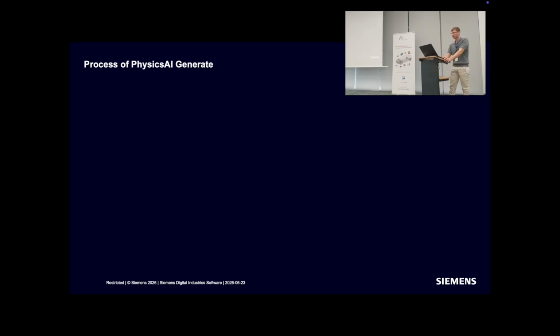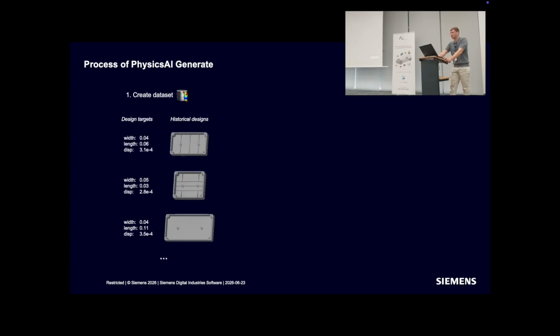So let's see the process once again of Physics AI Generate. The first step we need to do is to create the data set. Basically, we are using our historical designs that once again just sit there, alongside our design targets. These design targets can be any custom scalar value.